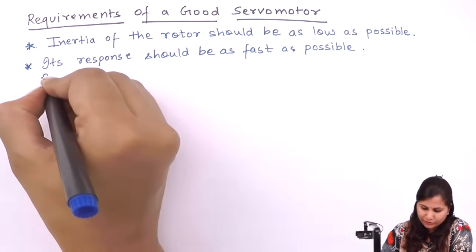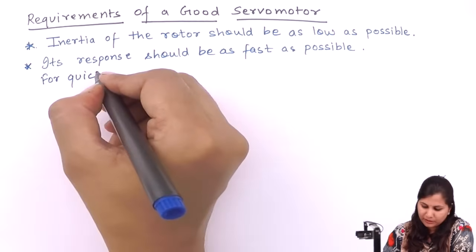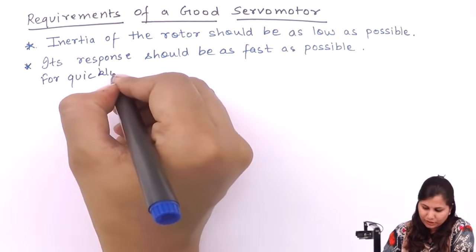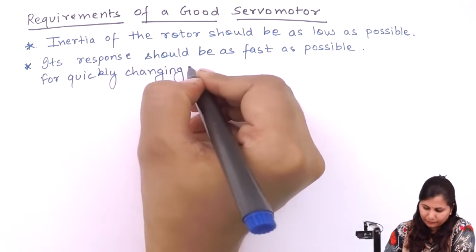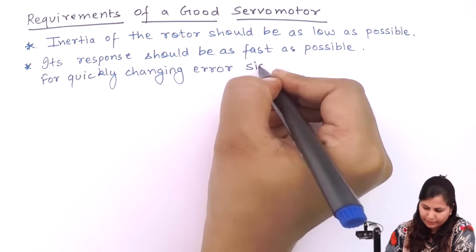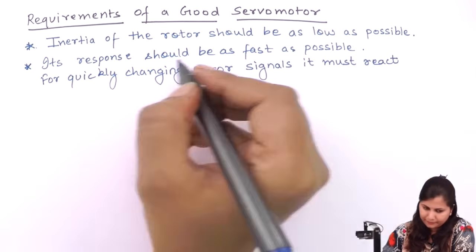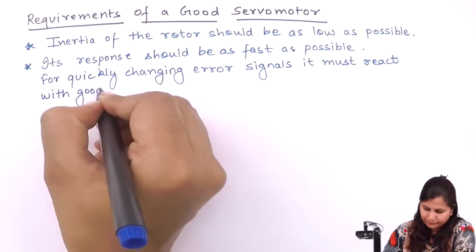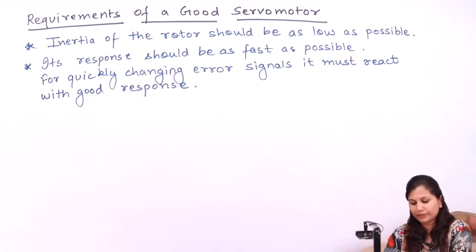So for a quickly changing error signal, it must react with good response.